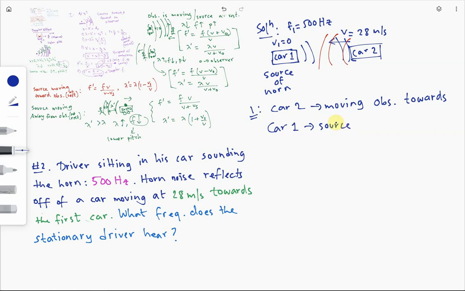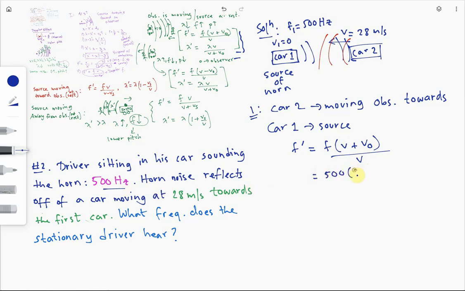Now for a moving observer which is moving towards the source, we have these formulas. Now we want to find the frequency. The frequency where the observer is moving towards the source is given by f prime equal to the source frequency times the speed of sound plus the speed of the observer over the speed of sound. We know all of these things. The source frequency is 500 Hertz.